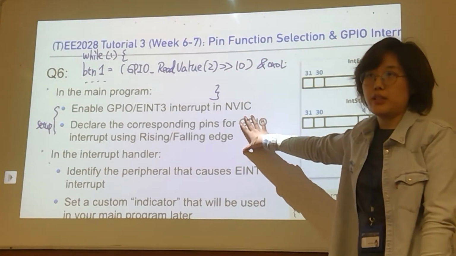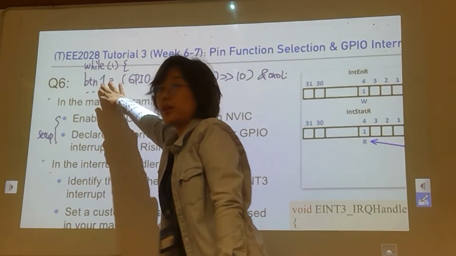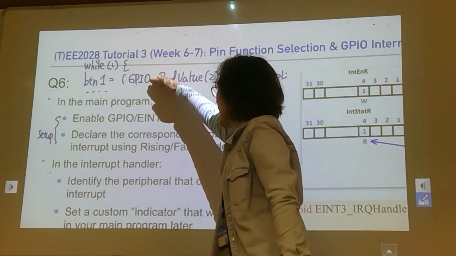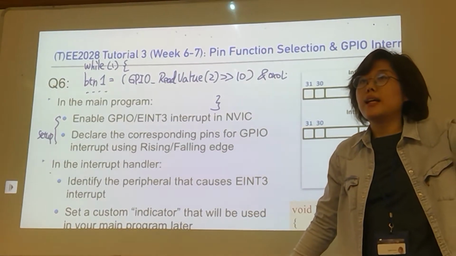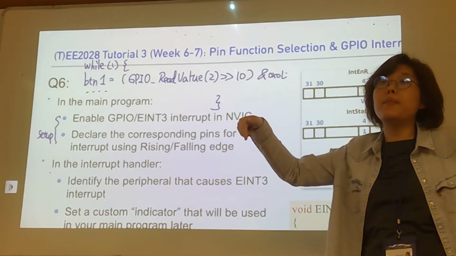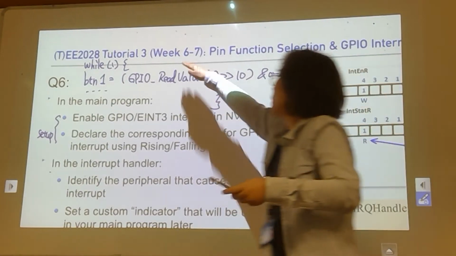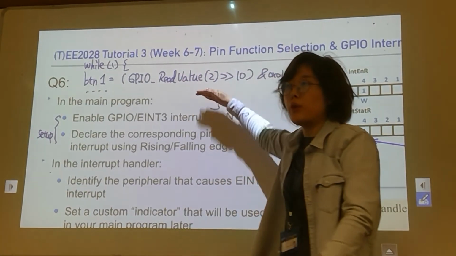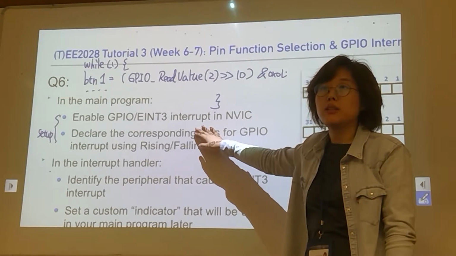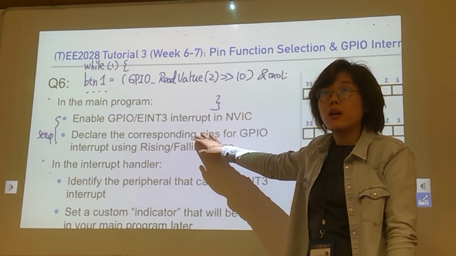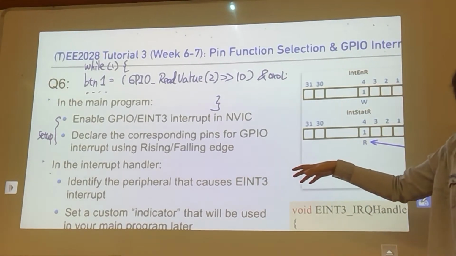Interrupt is different. If you have done this, you don't need to write any code here. While you are running your regular routine, your processor is sensing the push button by itself automatically. So whenever the button is pressed, no matter where you are, no matter which line, it will get captured immediately. That's the difference between regular routine and interrupt.